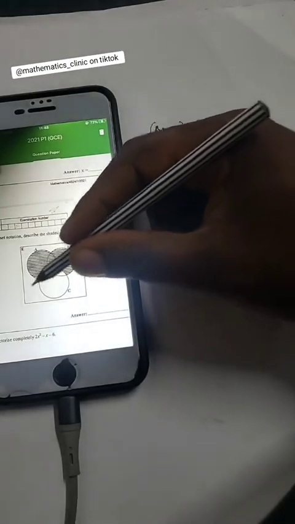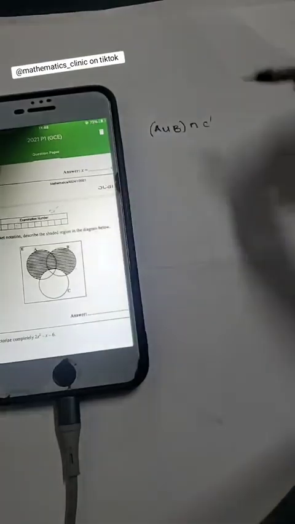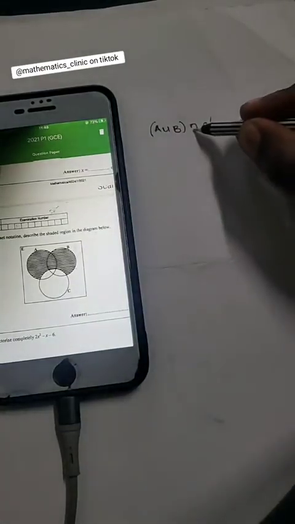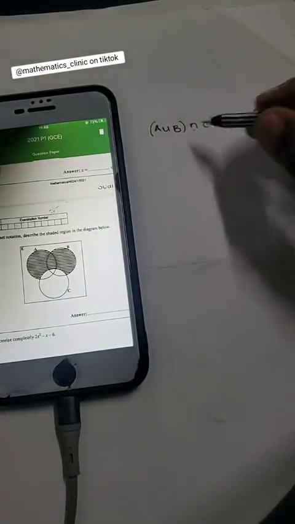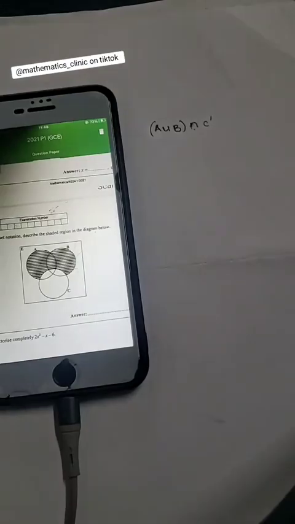It would have had only C if we were to use the union here. So we are using intersection so that A and B can come out.